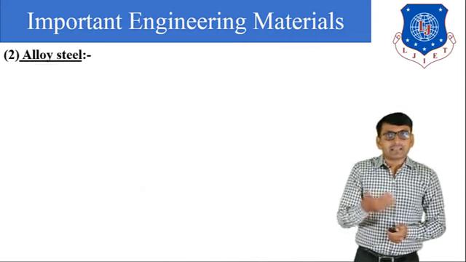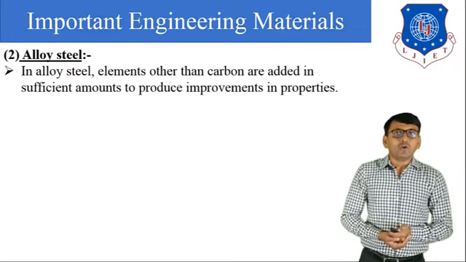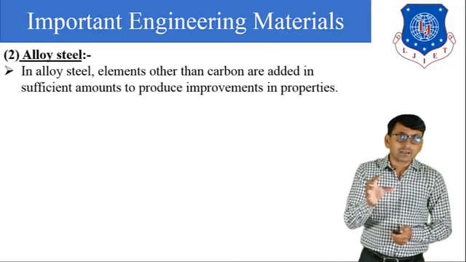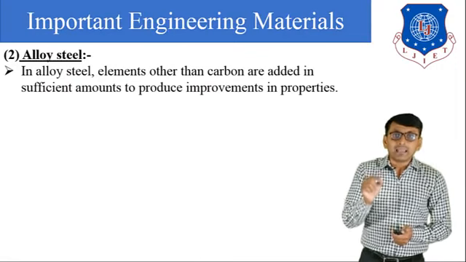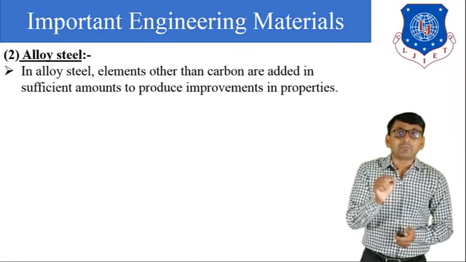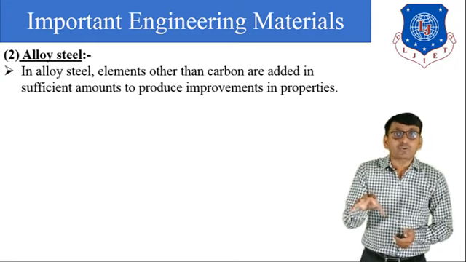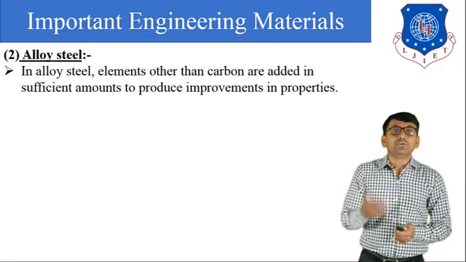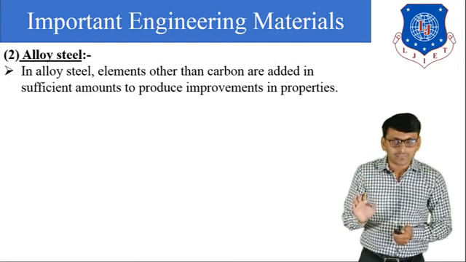Now we discuss the next one, alloy steel. Alloy means a mixture of materials. In alloy steel, elements other than carbon are also added in sufficient quantity to improve the properties of the particular material.